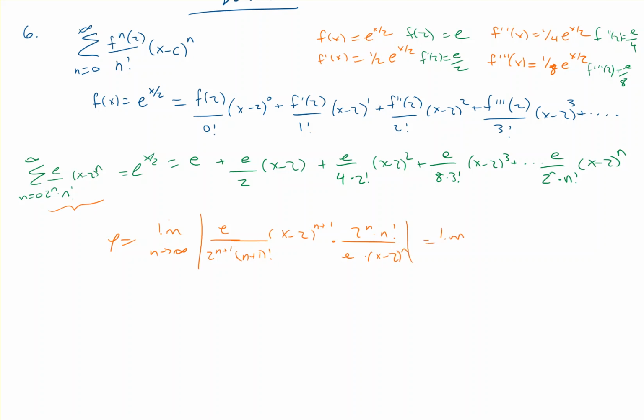And then I'm going to cancel that a lot. So the e's cancel. The n plus 1 and the n factorial cancel just to n plus 1. The 2 to the n plus 1 and the 2 to the n leaves us just a half. The x minus 2 and the x minus 2 leaves us an x minus 2. And then this n plus 1, ooh.